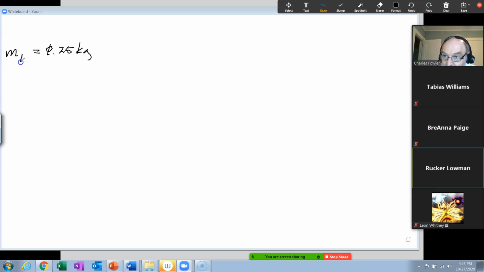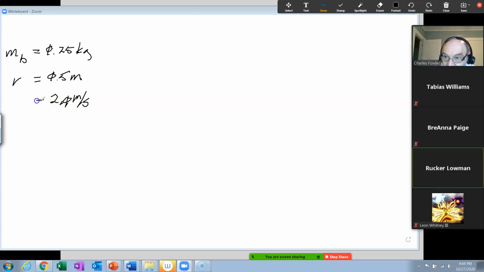The mass of the ball. Okay, scalar quantity is attached to the end of a 0.5 meter string. So 0.5 meters is your string. Well, that's going to be your radius. It's moved in a horizontal circle at 2 meters per second. What is 2 meters per second?